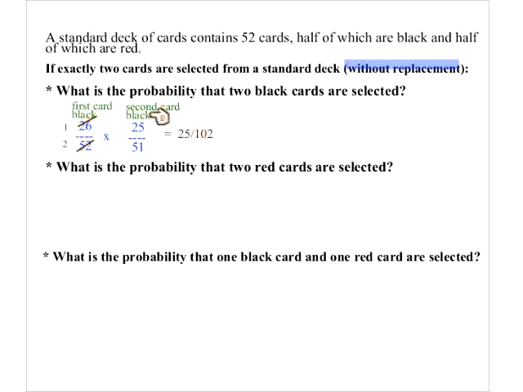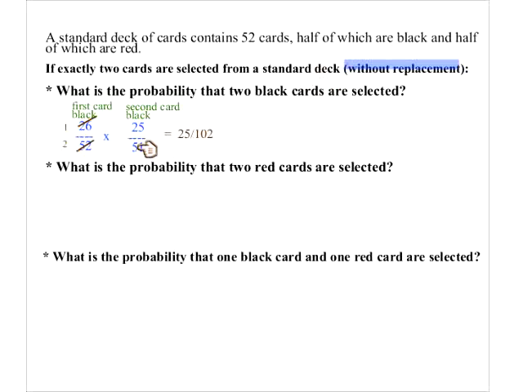But also make sure you think about this. Make sure you try to develop a sort of common sense intuition understanding of probability. Probability is the chance that something will happen. And what should be clear is that the chance that both cards are black is definitely lower than just the chance the first card is black.